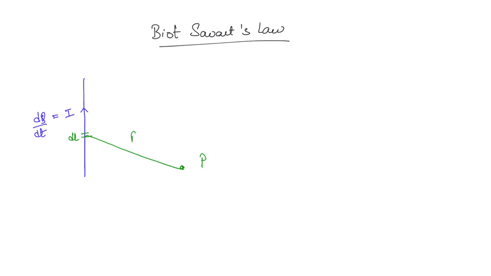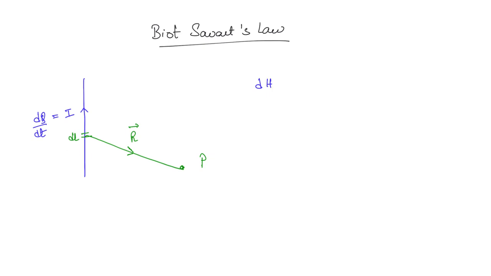If this distance is r, and we take it as a vector from the current element towards the point P, then the differential magnetic field, because it is only because of the differential current element, is dH.